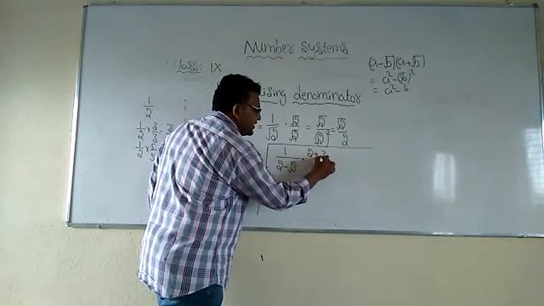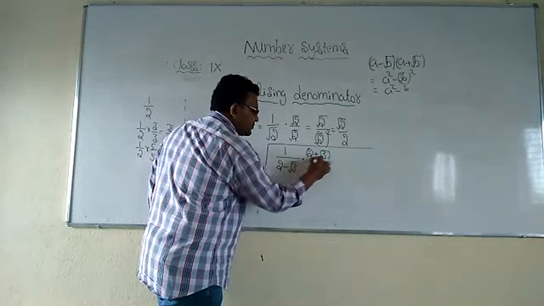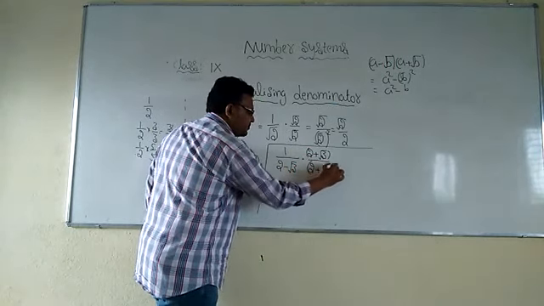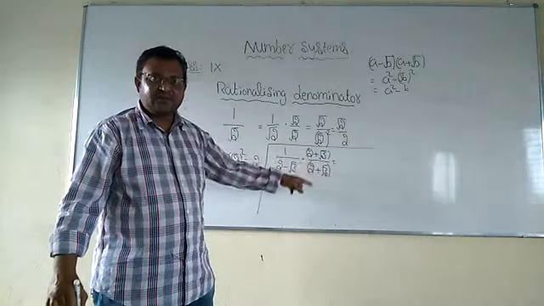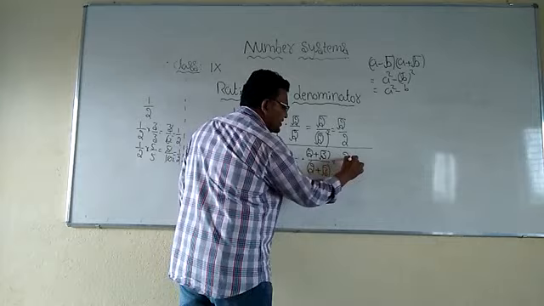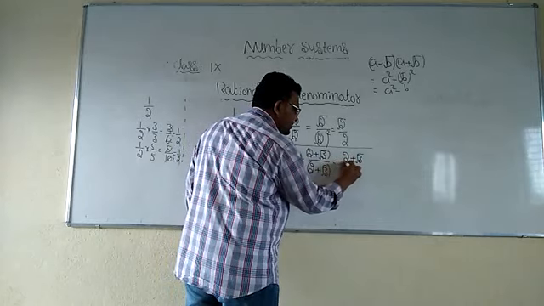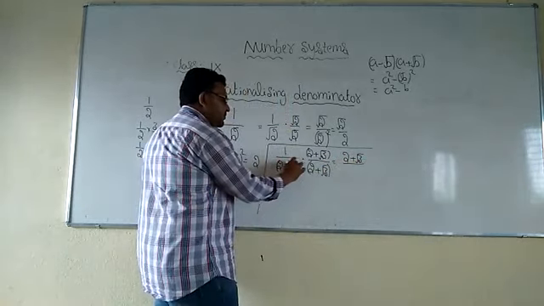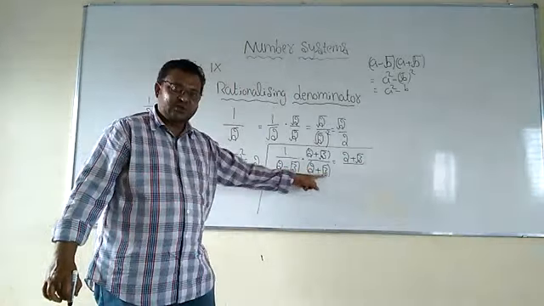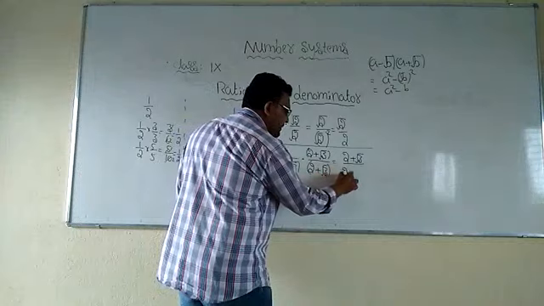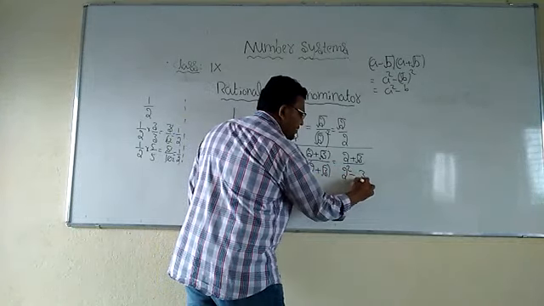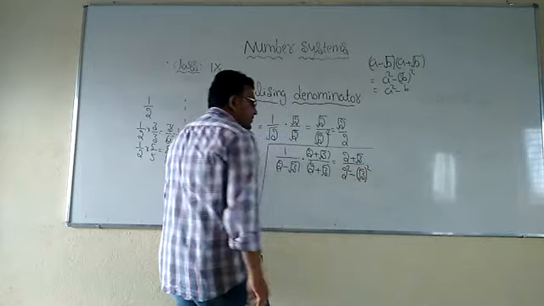2 plus root 3 by 2 plus root 3. Equivalent fraction, equivalent expression. Now 1 into 2 plus root 3 is 2 plus root 3, by, now it is in the form of a minus root b into a plus root b equals a square minus b. That means 2 square minus root 3 whole square.